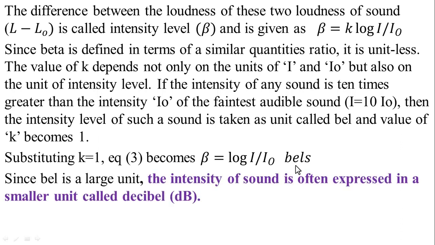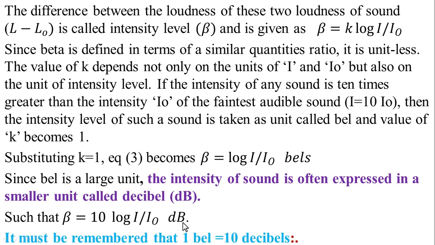Since the bel is a large unit, the intensity of sound is often expressed in the smaller unit, the decibel. So beta is equal to 10 log of I over I naught dB, where dB stands for decibel. It must be remembered that one bel is equal to 10 decibels. Best of luck with the remaining questions in the remaining video.